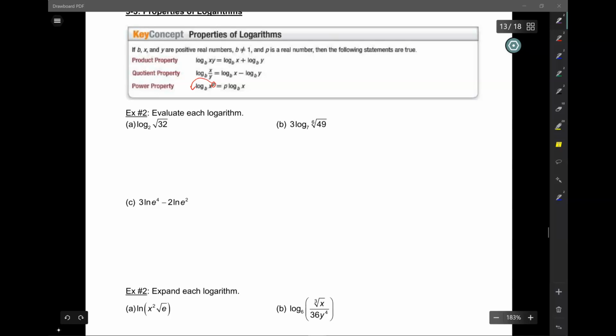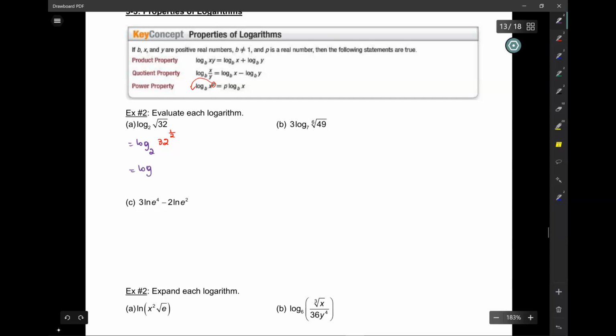When you have a square root, write it in exponential form. This is going to be log base 2 of the root of 32, and I'm going to write it as 32 to the 1/2, because that's a square root. Now, what I want to do is make the base and the 32 the same.